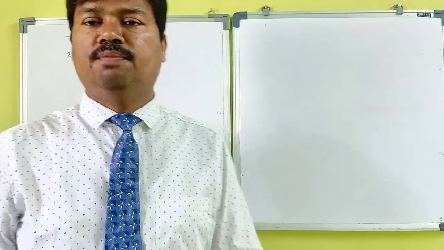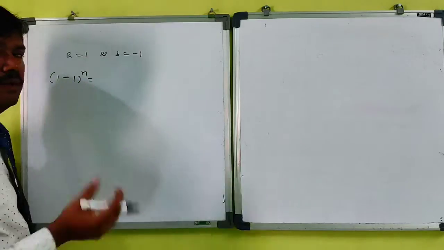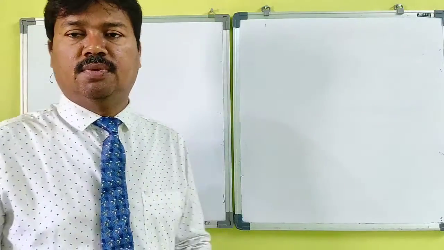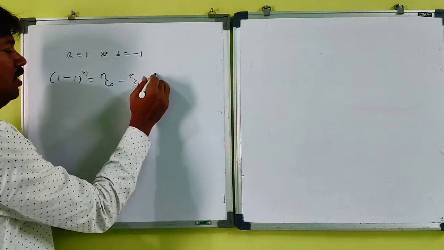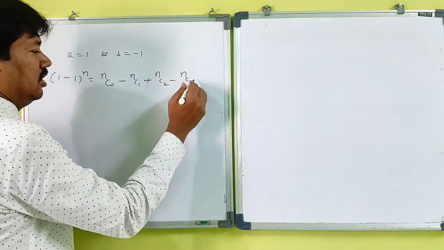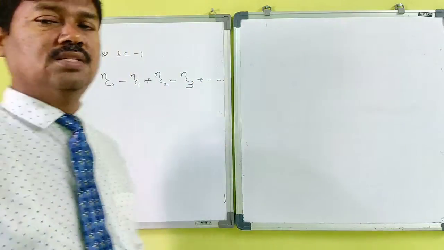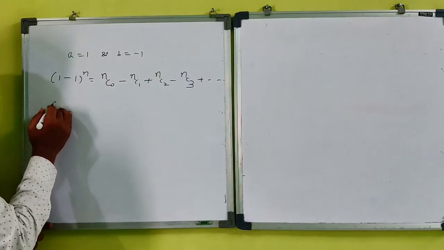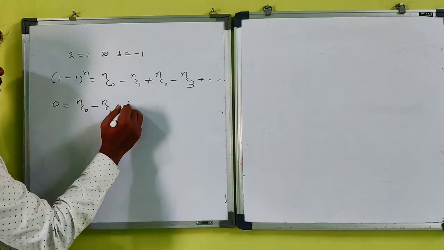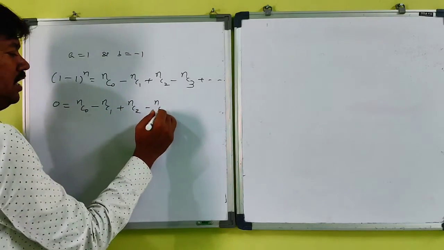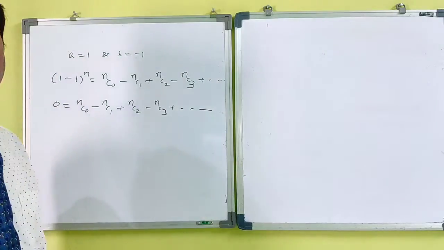If you take a equal to 1 and b equal to minus 1, this expression becomes alternate plus minus sign. So it is nC0 minus nC1 plus nC2 minus nC3 and so on. So clearly from this, the left hand side becomes 0. So 0 is equal to nC0 minus nC1 plus nC2 minus nC3 and so on.